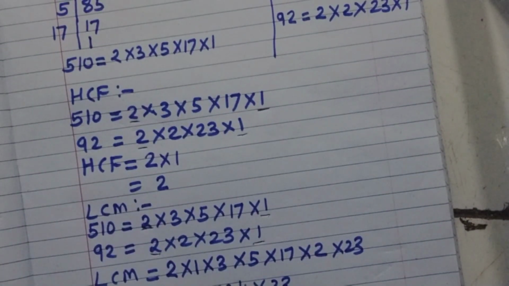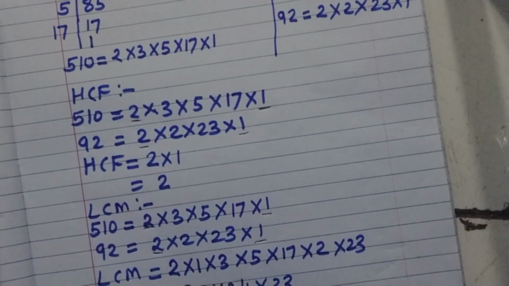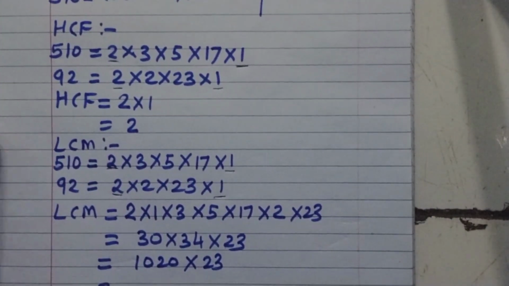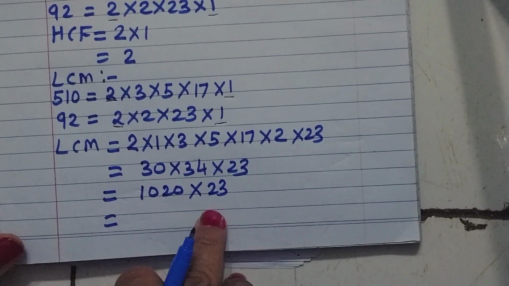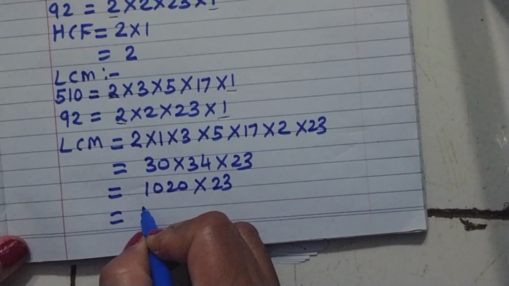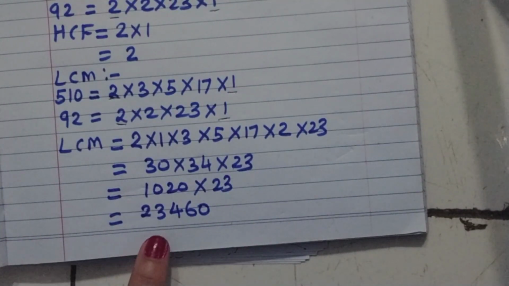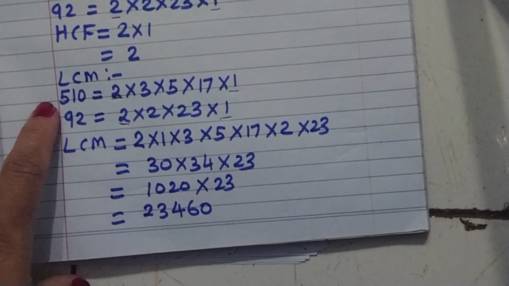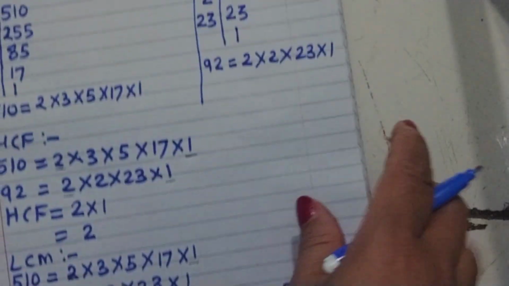So 30 multiplied by 34 is 1020, that is 1020 multiplied by 23. When 1020 is multiplied by 23, we get 23,460. So LCM of 510 and 92 is 23,460.